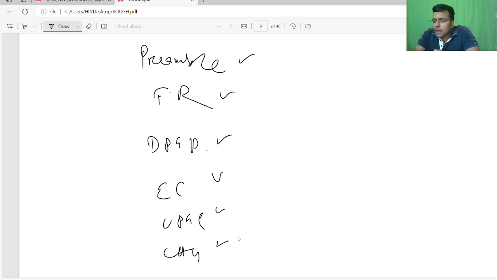If the government diverts, if the government does not function according to the preamble, if citizens are not getting their fundamental rights, if the appointments to constitutional bodies like the election commission, UPSC and CAG are not according to the constitution, we can say constitutionalism is missing in India.